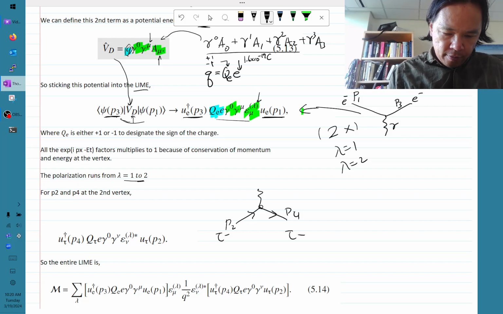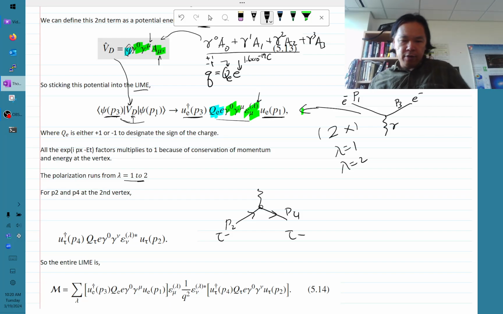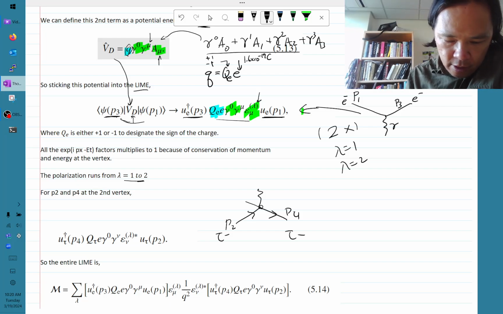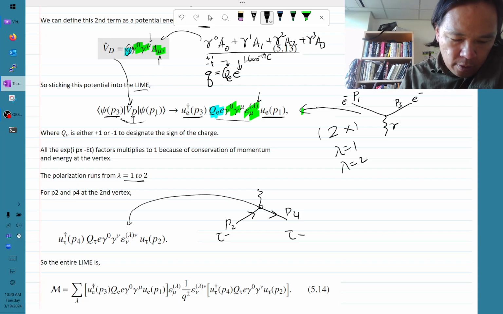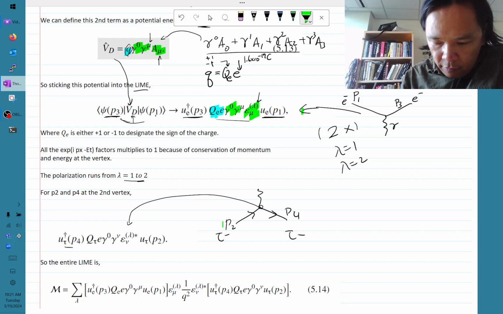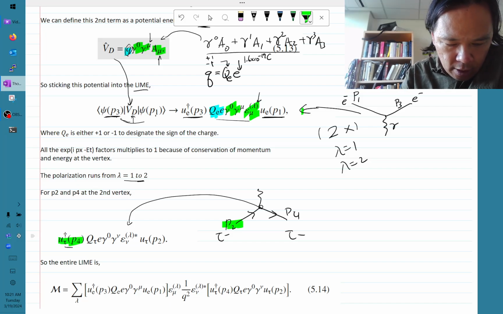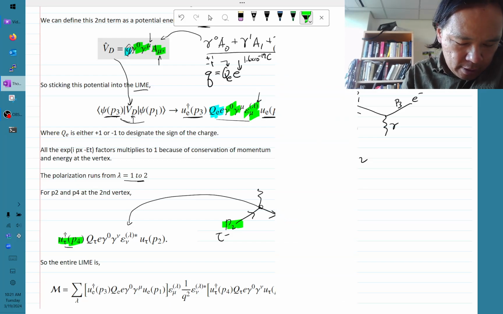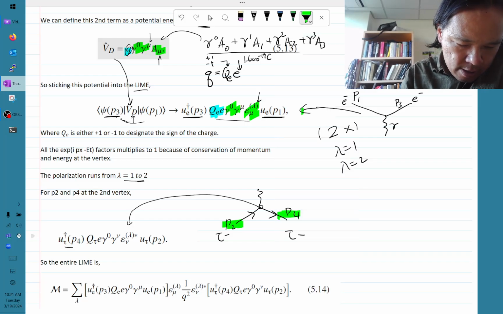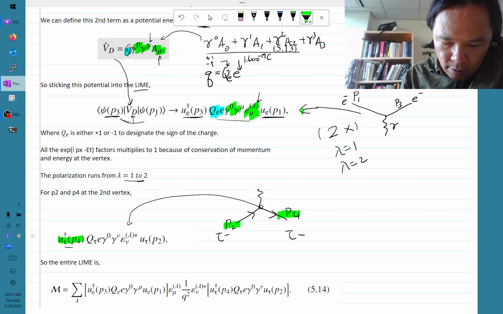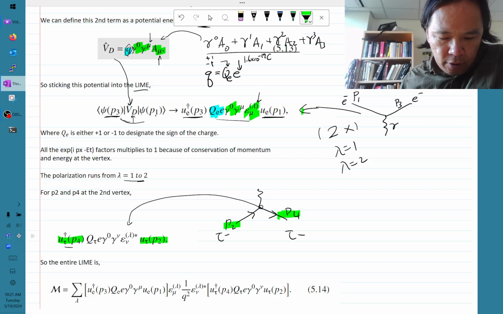This vertex here, you do something very similar. You have the same thing here, where you have the spinor part for the outgoing particle, and then the incoming particle has the spinor part here.